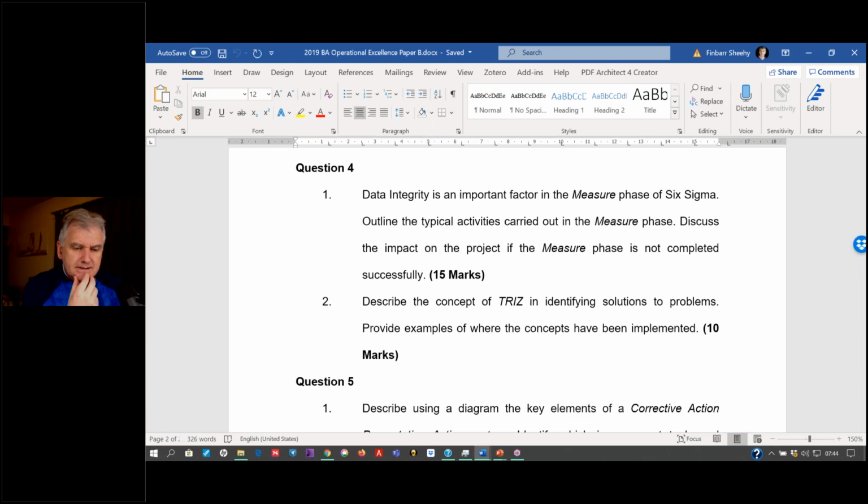Describe the concept of TRIZ in identifying a solution to a problem. Provide examples where the concept has been implemented. Again, that's a little bit closed book. What I've done before, I don't think I'm doing it at the moment, but I would pose a problem, and I might sometimes ask somebody to come up with a solution to solve that problem based on TRIZ principles.